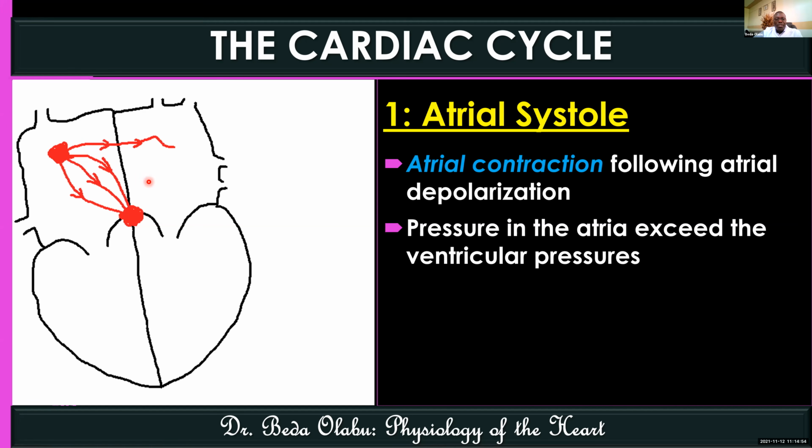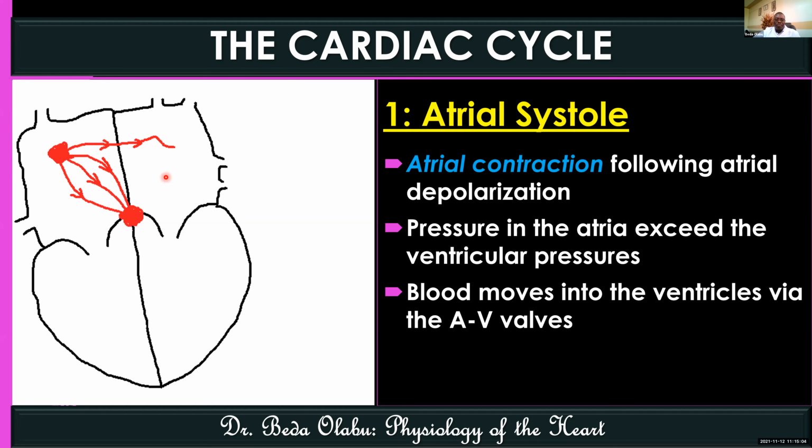When the atria contract, the pressure in the atria will go higher compared to the pressures in the ventricles. What will be the result of that? Blood will move from the atria to the ventricles.